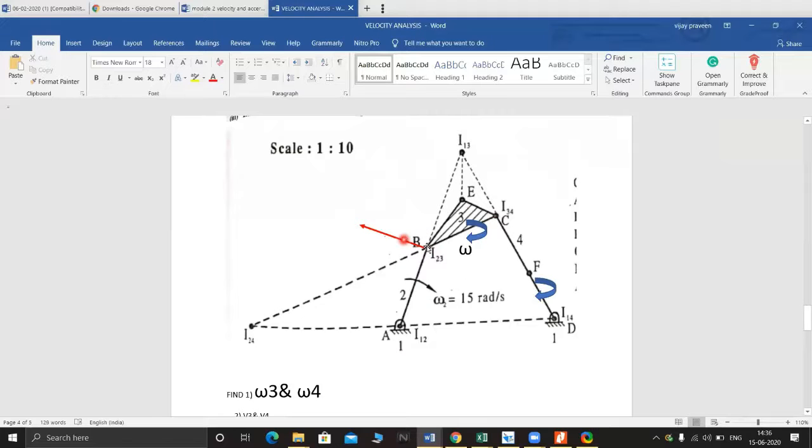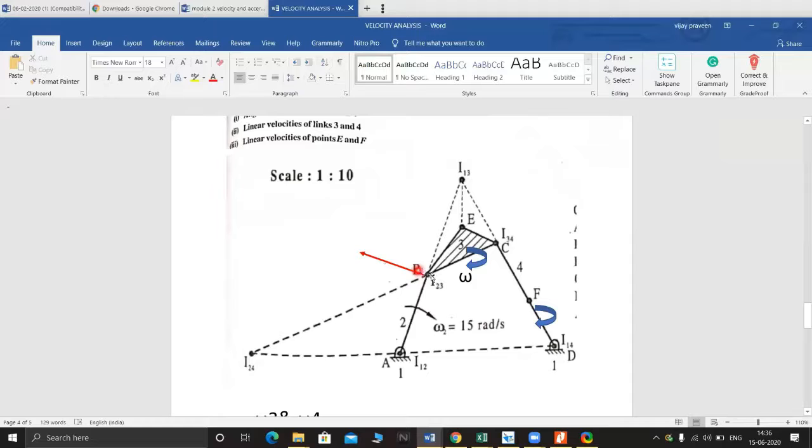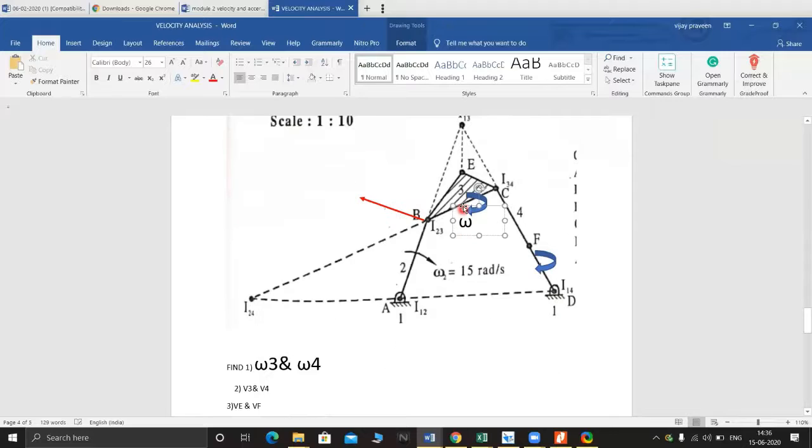Now we come to velocity at point B. Suppose we assume that VB occurs perpendicular to link number 2, that is VB is here. Let us call this point VB. Now this VB is equal to omega 2 into AB.